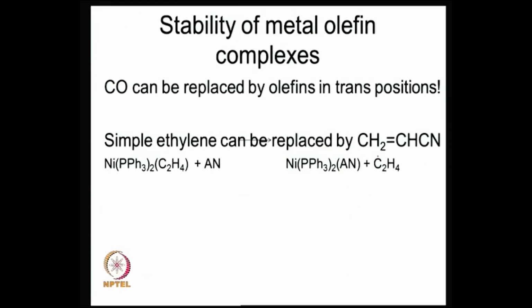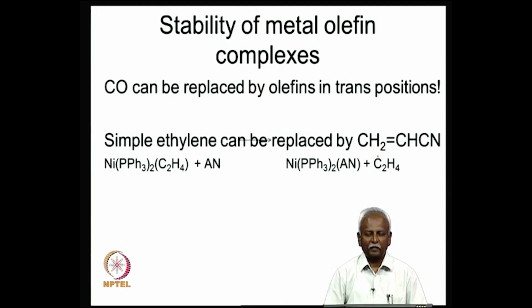Now, we have discussed a few methods of making metal olefin complexes, and we have discussed during this process the reasons for their stability, but let us just systematize them and collect our thoughts together. First of all, we said that carbon monoxide can be replaced by olefins in the transposition, and this is possible because carbon monoxide is a stronger pi accepting ligand, and it will displace the carbon monoxide in the transposition and replace it with an olefin.